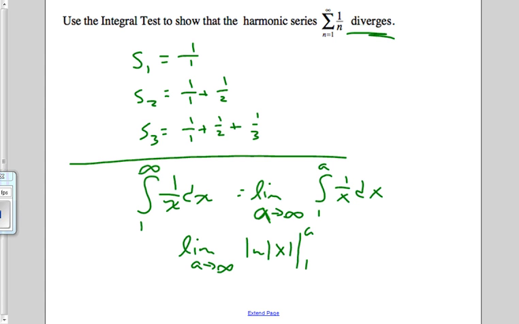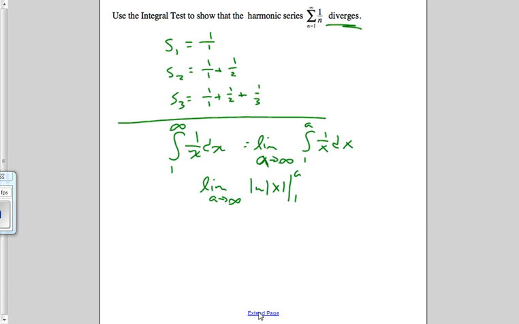Continuing on, it's kind of a messy ln of the absolute value of x.